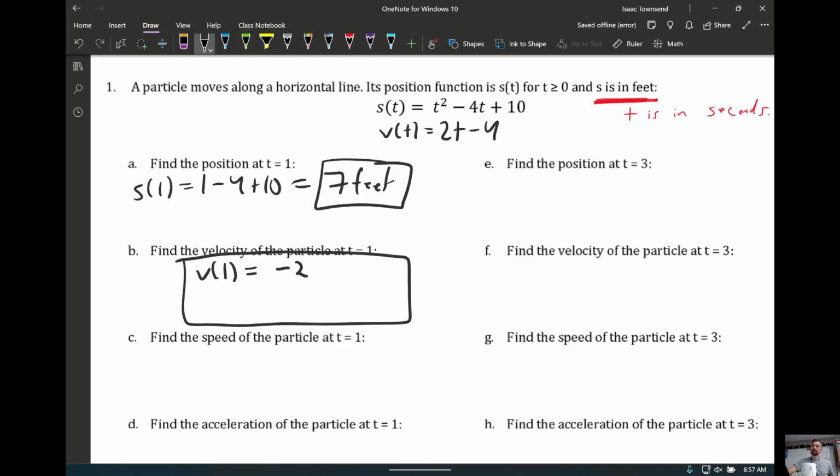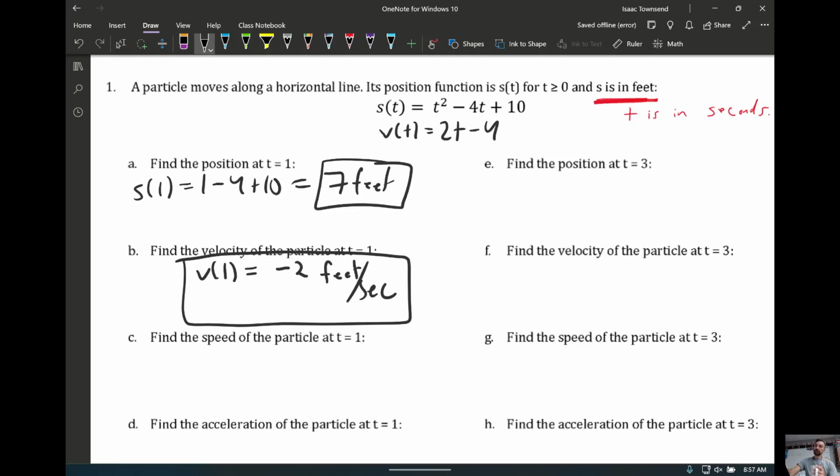Now, velocity, like a speed, it's got to be a distance per amount of time. So in this case, the distance we're talking about is feet, and the time is seconds. So velocity would be feet per second. Again, it's like a speed, so it's how much distance you are doing per how much time.